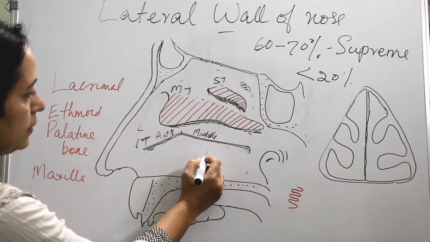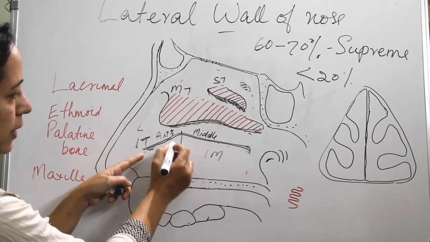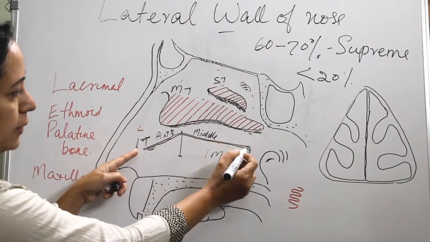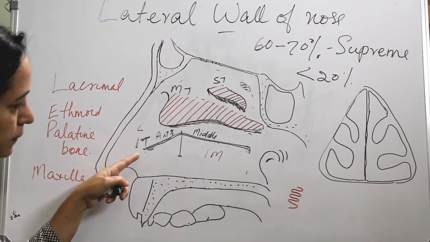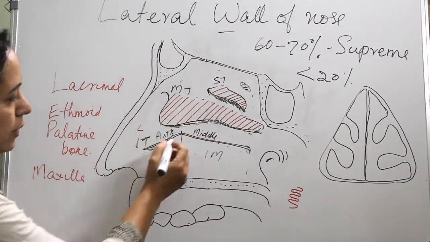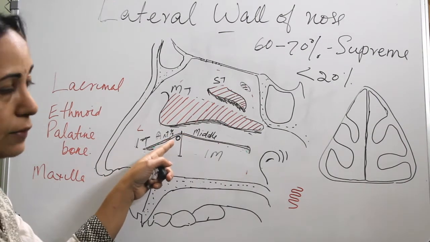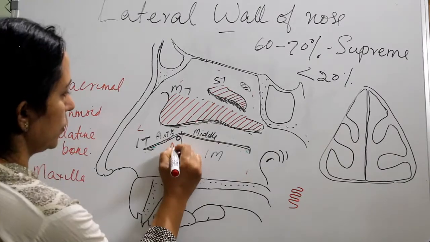This inferior meatus is highest at the junction of the anterior one-third and the middle one-third, and just anterior to the highest point, you will get the opening of the nasolacrimal duct.